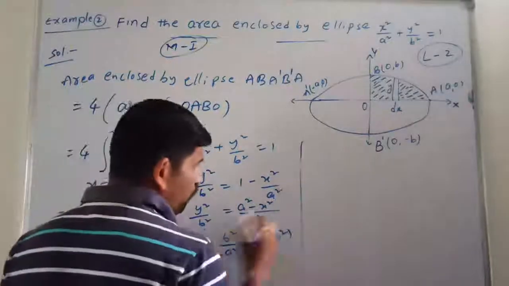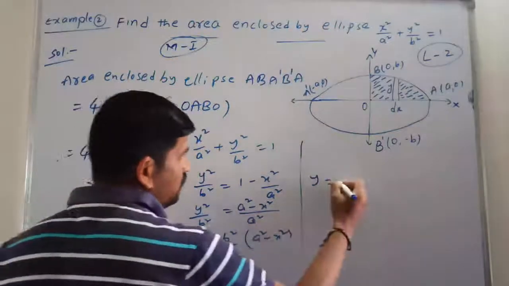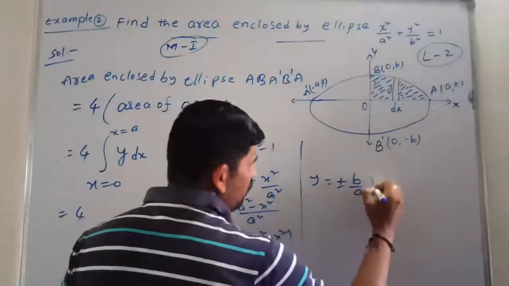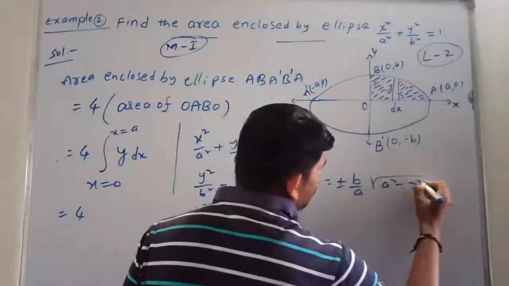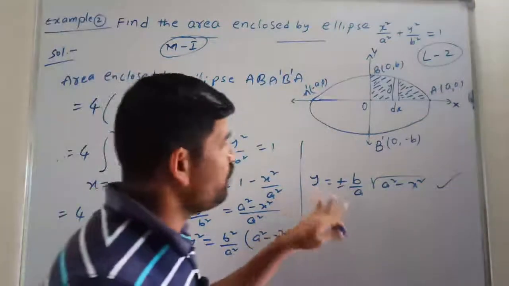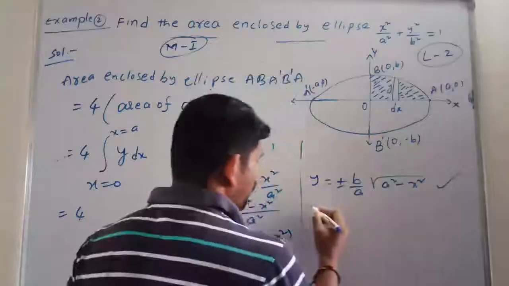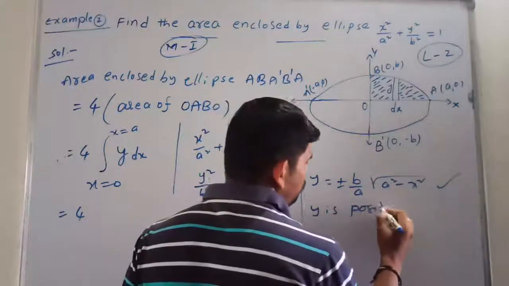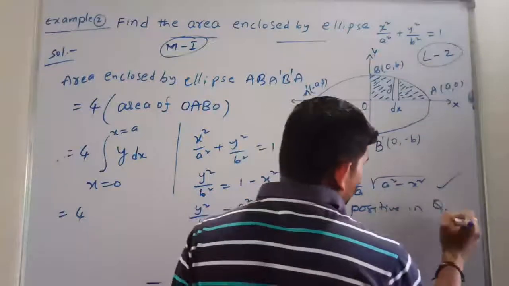So by sending the square to the right hand side, plus or minus under root of b square by a square, the square root cancels, b by a, and under root of a square minus x square. Actually we got y. And y is positive in the first quadrant.